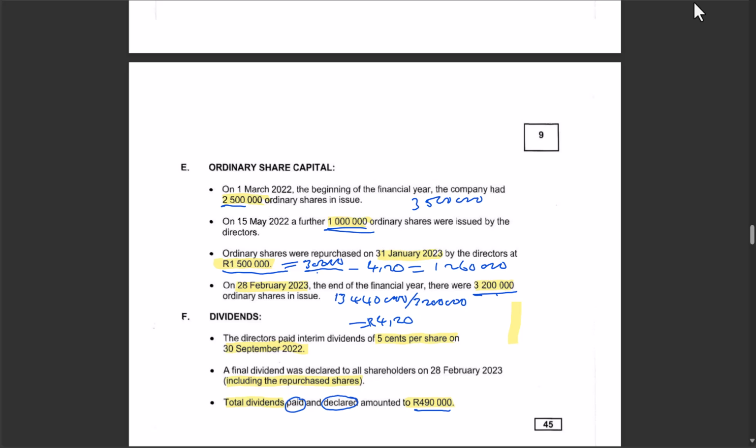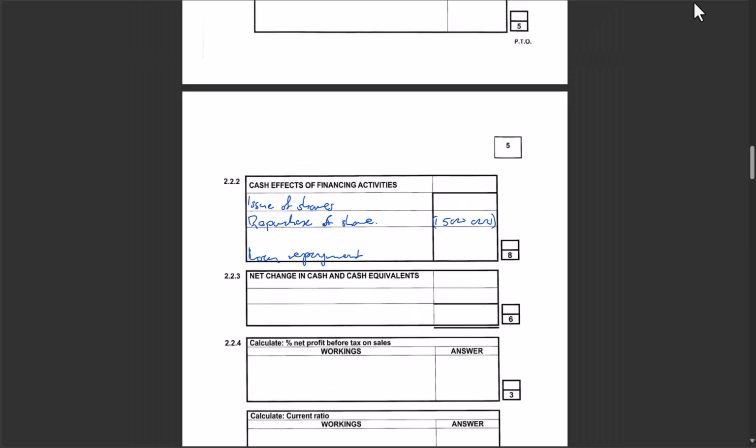So now when you come to your adjustment, we'll need this. This is what you're going to write, calculate the correct one.